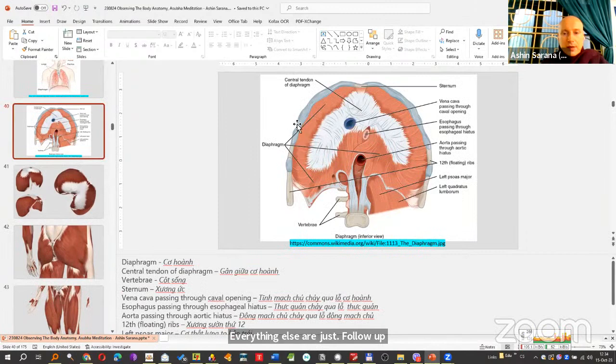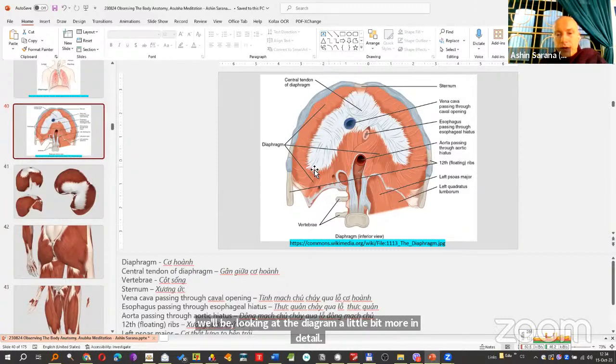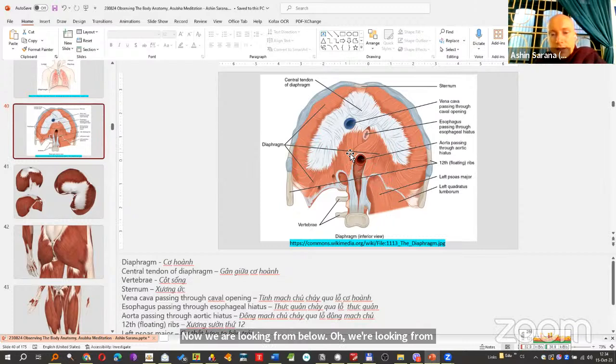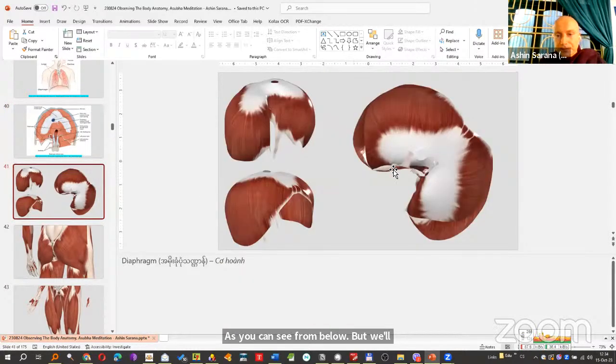So we'll be looking at the diaphragm a little bit more in detail. Now we are looking from below, up. So this is the diaphragm, as you can see it from below, but we'll have a little better picture here. So the diaphragm has this kind of dome shape, all right? Here there are some holes needed, of course, for the heart to send the blood and so on.